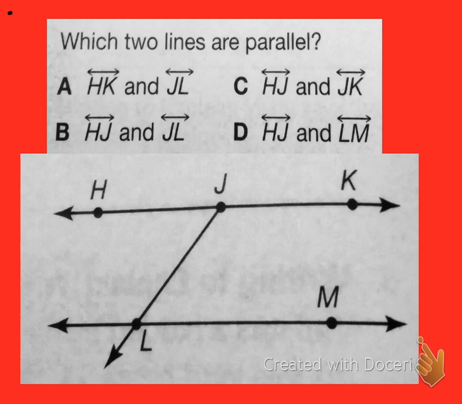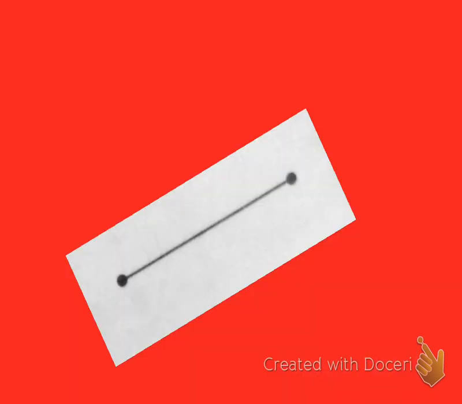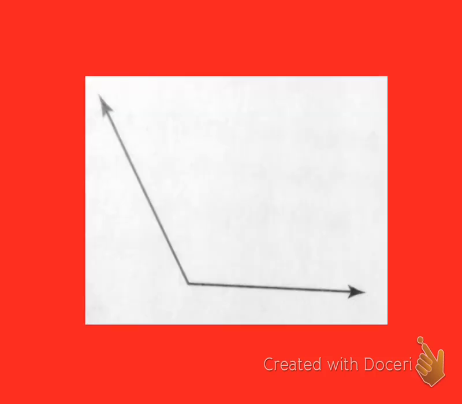And now which two lines are parallel? That one's pretty easy. And again, you're going to use your geometric terms that you've learned to say what this is that you see on your screen. So what is that? And same thing for this angle. What type of angle is on your screen now?